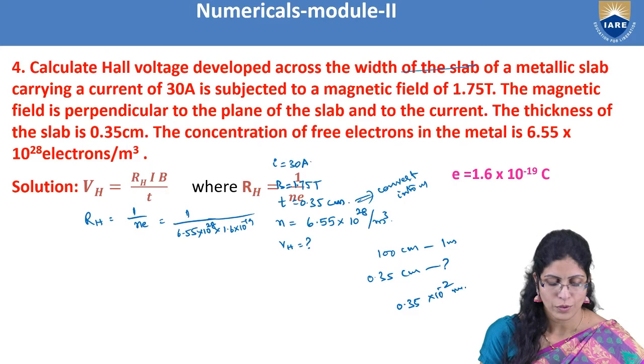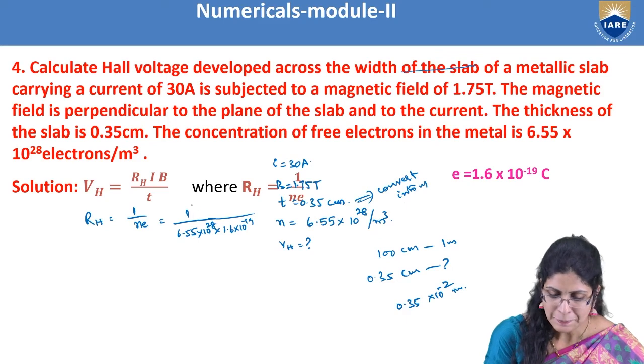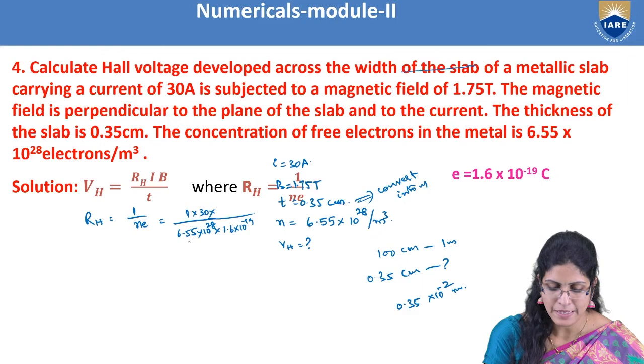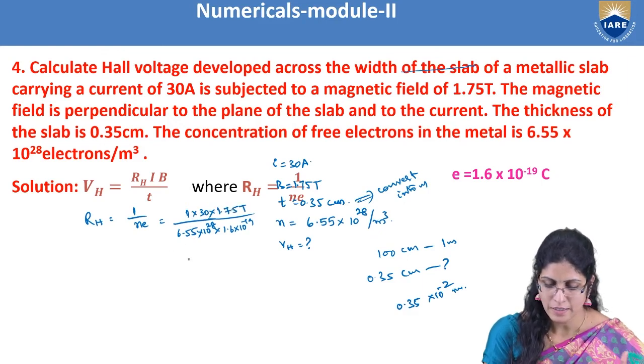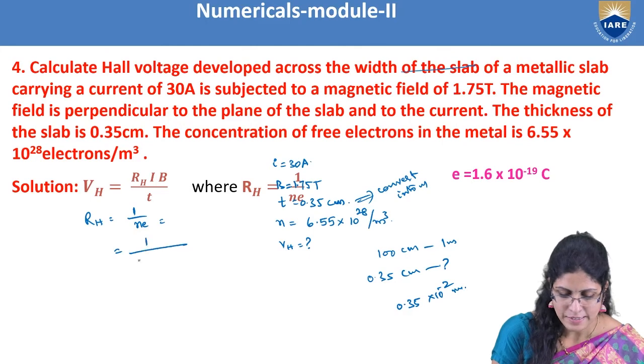Okay, so what do you get? 1 by N is given. I have taken E. What is I? 30 ampere. And what is B here? 1.75 Tesla. And 1 by N is 6.55 into 10 to the power of 28 into 1.6 into 10 to the power of minus 19.